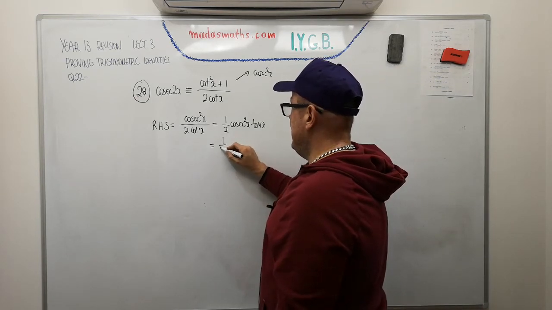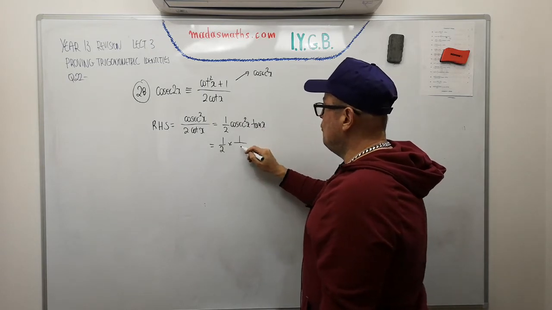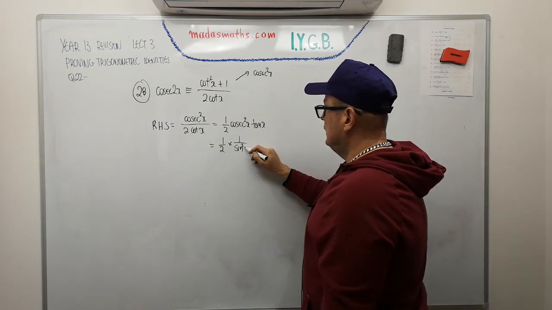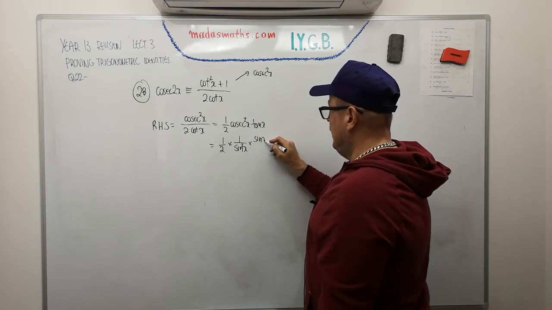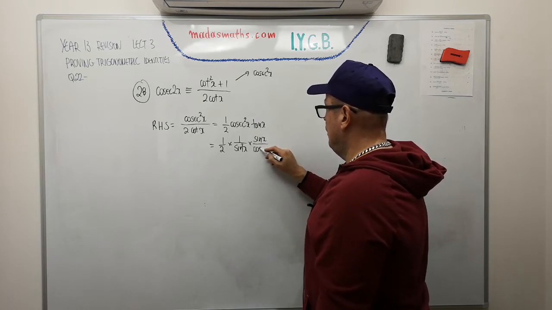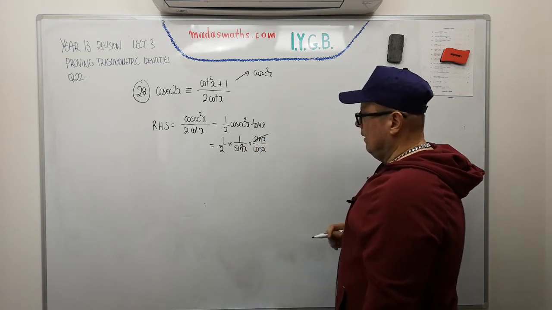Then sines and cosines. So this is equal to 1 over sine squared x, that's my cosec squared, and of course the tan is sine x over cos x. Goodbye. Is that good?